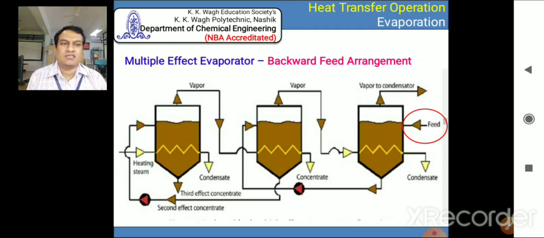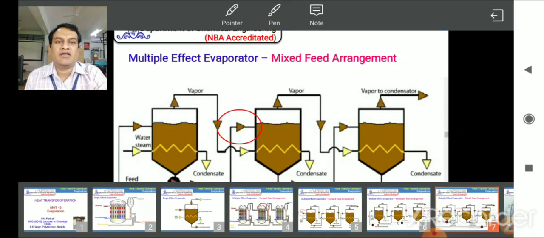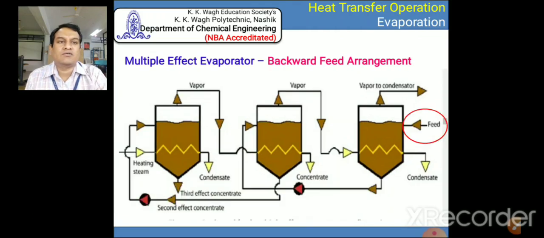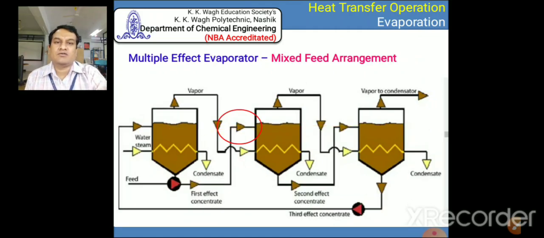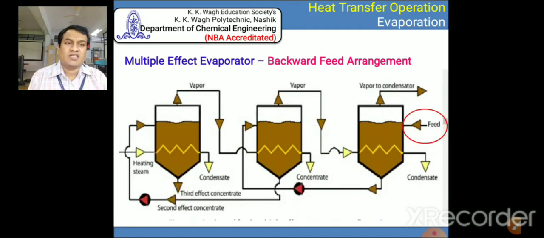Now in this case also the steam is flowing from the first to second, second to third, but the feed is flowing from third to second and second to first. So in this arrangement the feed is flowing from third to second and second to first, that is why it is called backward feed arrangement, that is backward direction, right?